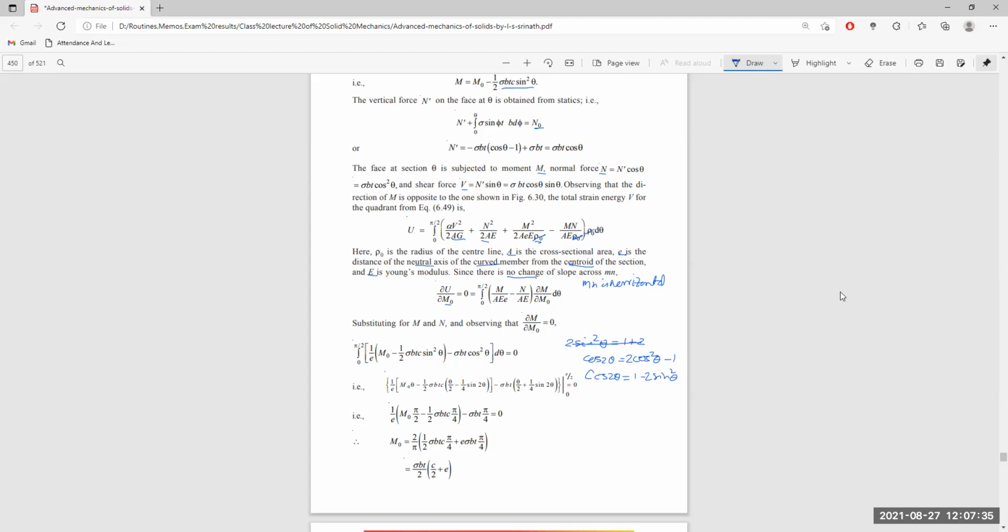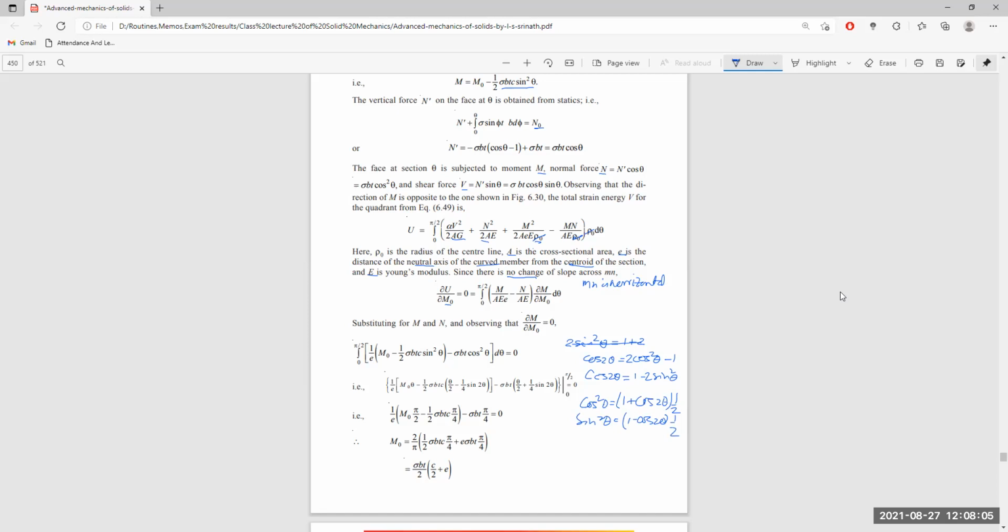So we are just replacing cos square theta with 1 plus cos 2 theta multiplied by half, and sin square theta with 1 minus cos 2 theta multiplied by half. And we are integrating them, putting it here, both here and here.